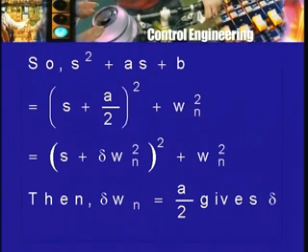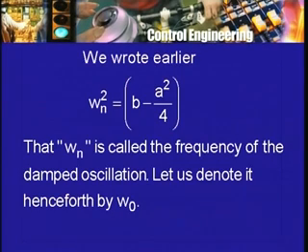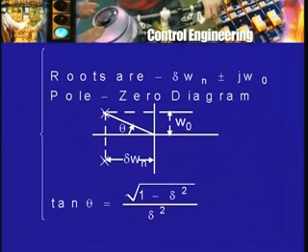If I write as I did earlier, s squared plus as plus b as s plus delta omega n square plus omega n square, defining omega n square as b minus a square by 4, then the roots are given by minus delta omega n plus or minus j omega n. And so, if I show them in the complex plane, then here is what they look like.